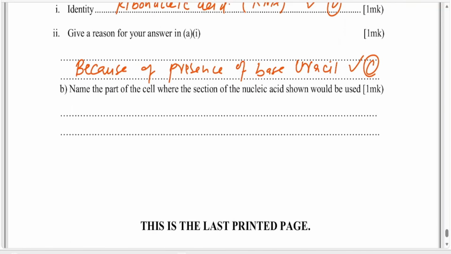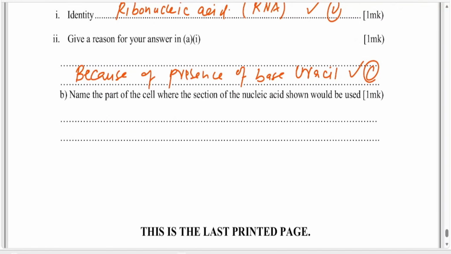Part B of this question, name the part of the cell where the section of the nucleic acid shown would be used. So we know in a cell, the genetic materials are formed in the nucleolus.